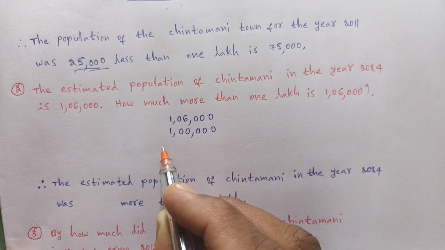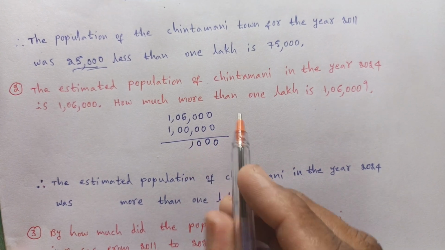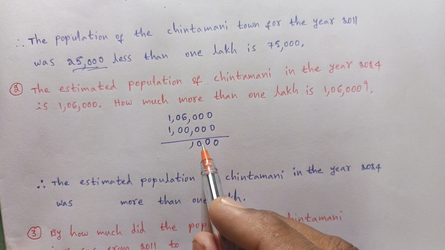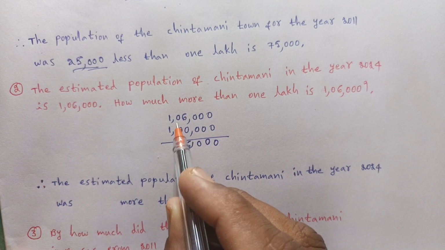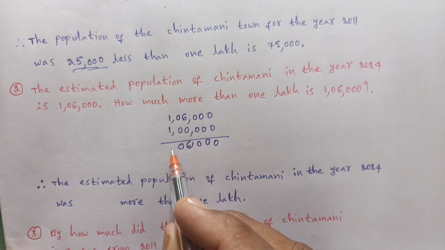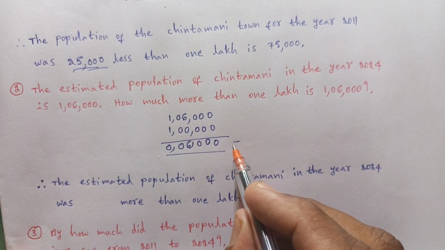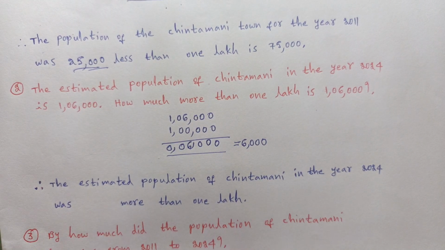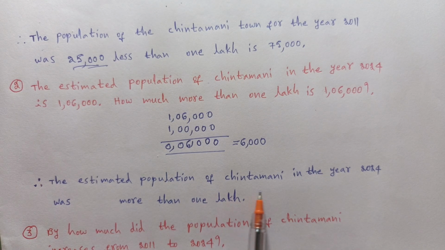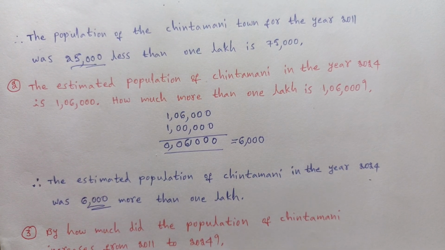So here also I am directly writing: 0 minus 0 is 0, 0 minus 0 is 0, 0 minus 0 is 0. So in the thousands place it is 6 and here 0, 6 minus 0 is 6, and in the 10,000 place 0 minus 0 is 0, and in the 1 lakh place 1 minus 1 is 0. So what we can observe is 6,000. Therefore, the estimated population of Chintamani in the year 2024 was 6,000 more than 1 lakh.